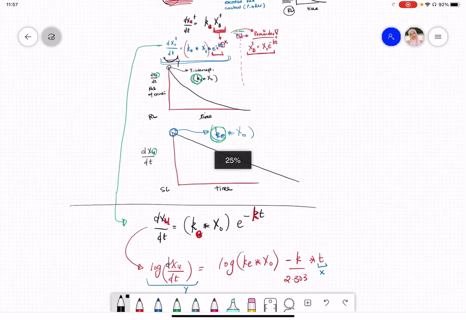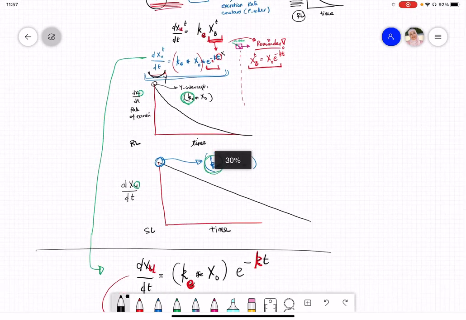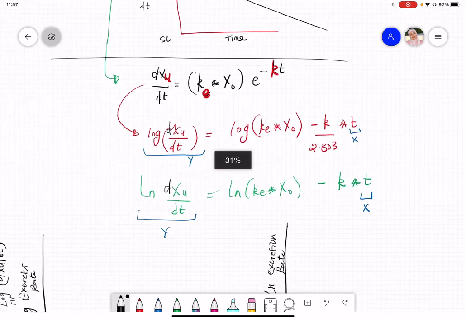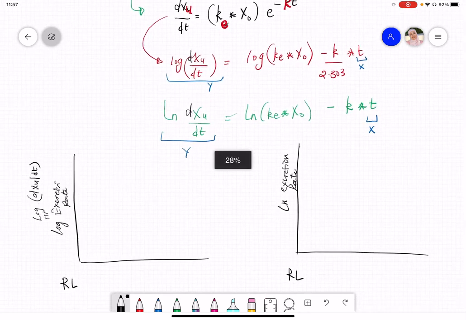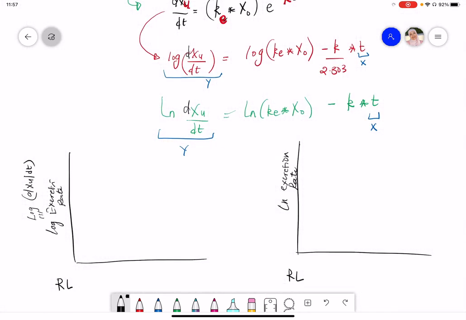Yes. So it's the rate of change in the amount excreted in the urine per unit of time. I missed it here, so correct it. It's the rate of change in the amount excreted in the urine per unit of time, in both of them.